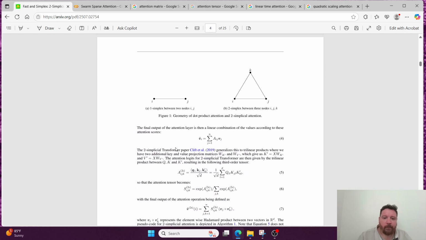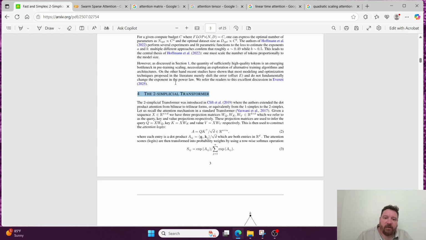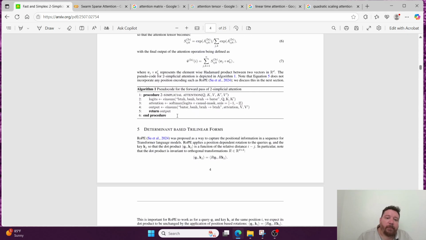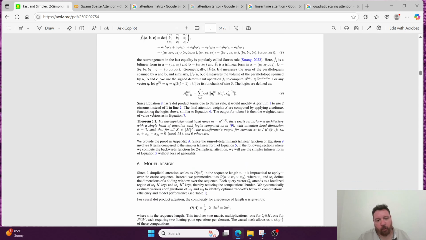So what they do is invent this two-simplicial transformer, which leads into determinant-based trilinear forms.